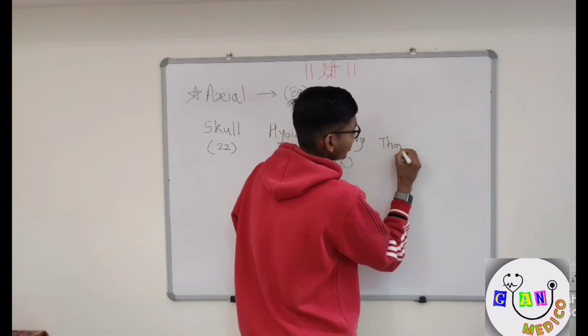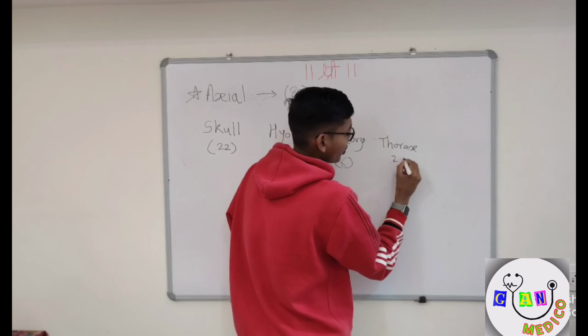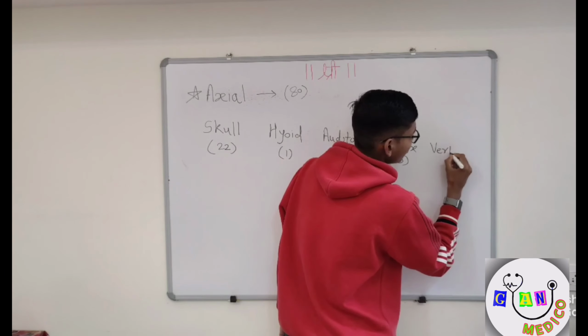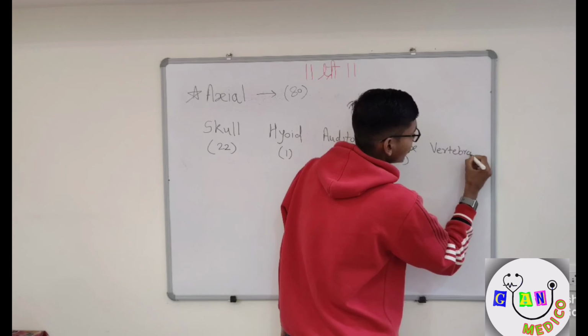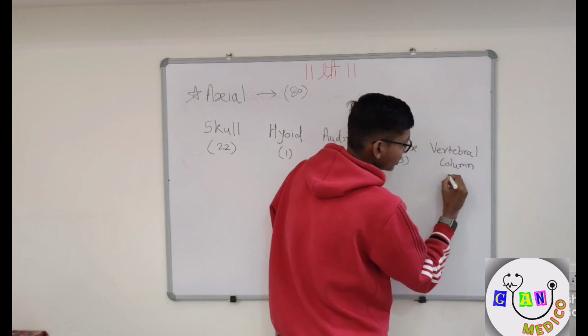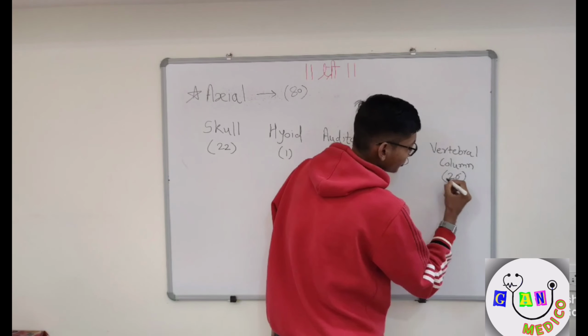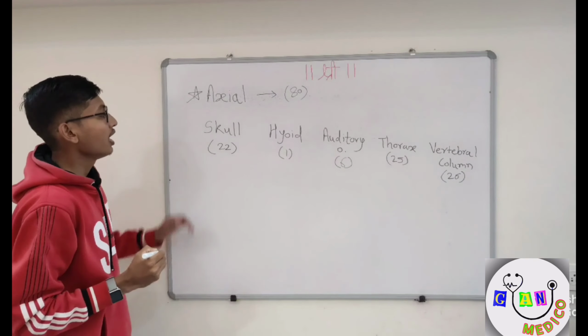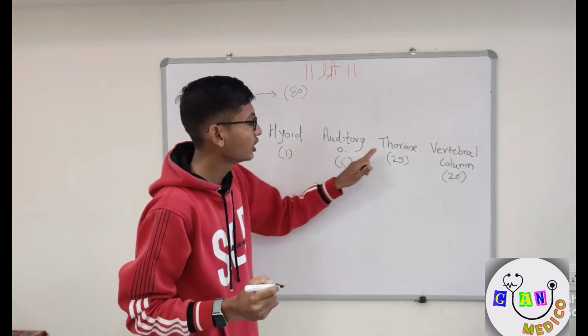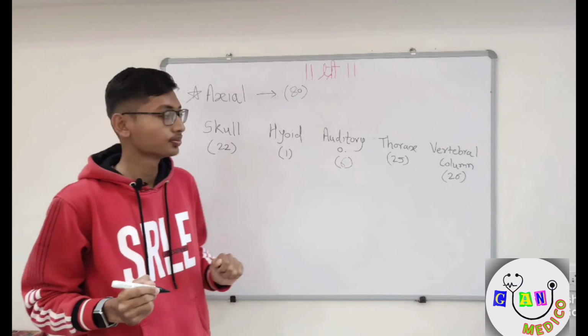Thorax, 25 bones. And last, vertebral column, which contains 26 vertebrae. Axial skeletal system contains skull, hyoid, auditory ossicles, thorax and vertebral column.